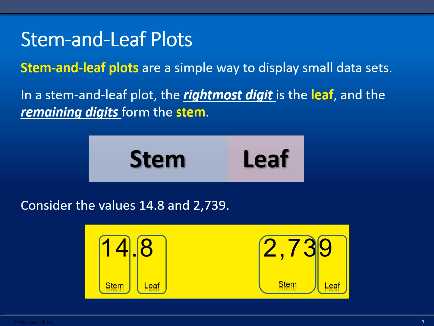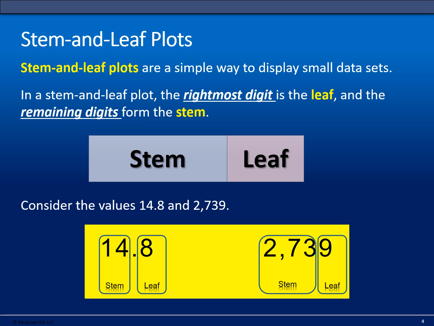The first thing we're going to look at are stem and leaf plots. These are a simple way to display small data sets. In a stem and leaf plot, the rightmost digit is the leaf, and the remaining digits form the stem. You can see some values in yellow at the bottom of the screen, 14.8.